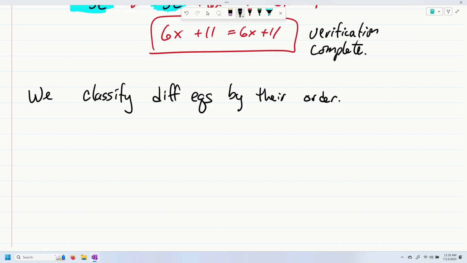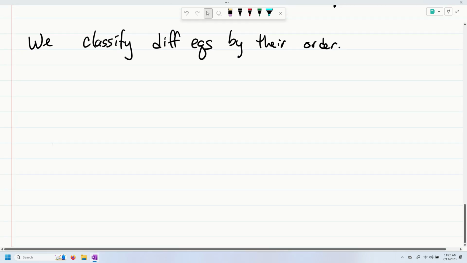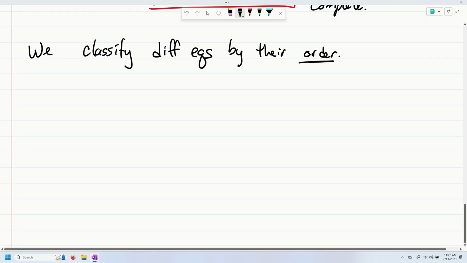And yes, like I said, there are other ways too. Like we have order, we have degree, we have partial, we have linear, we have nonlinear. So there are all these different ways that we can classify diff EQs, but we're going to start with the easiest one, which is by their order.